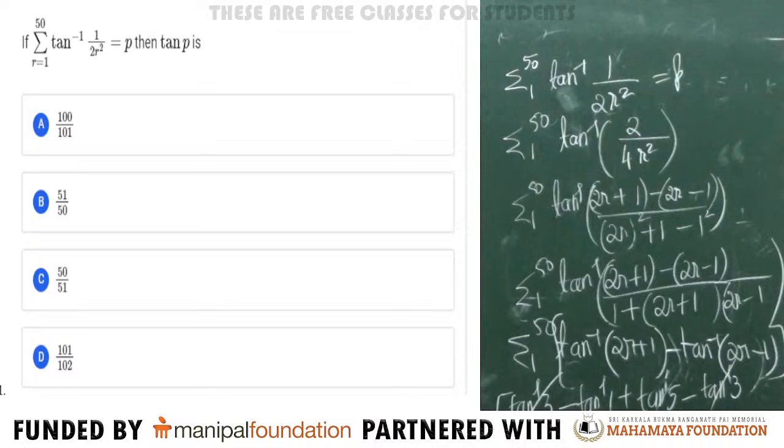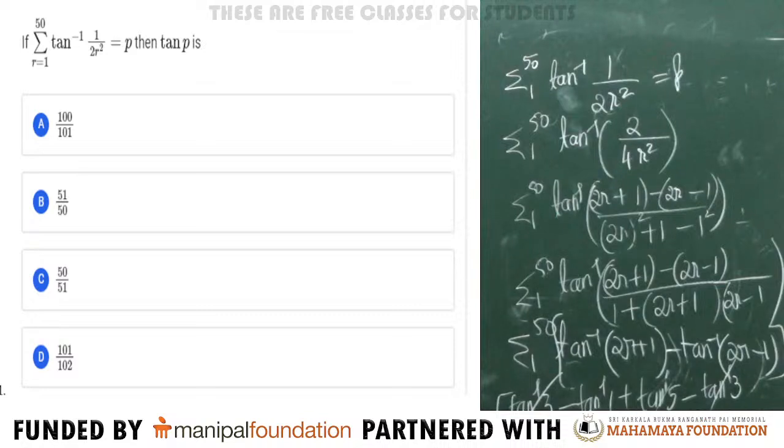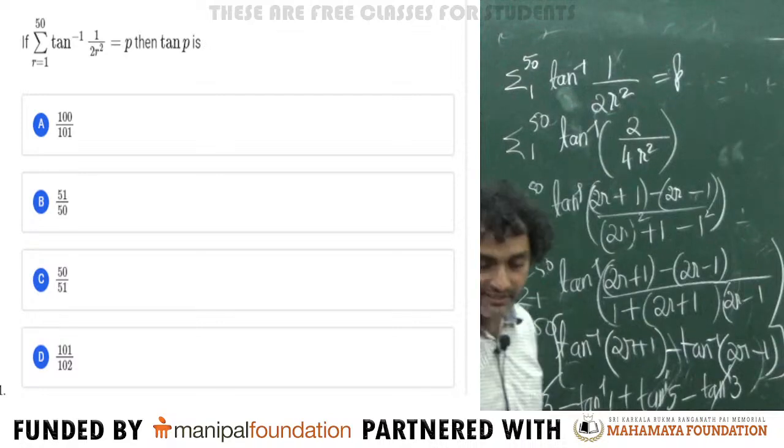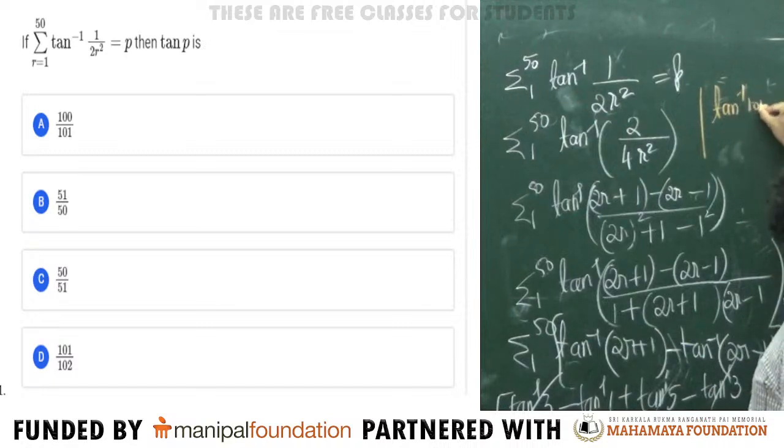Got it? Who is tan inverse x minus tan inverse y? Isn't it tan inverse of (x minus y) divided by (1 plus xy)? 101 minus 1, isn't it 100? Tan inverse 100 divided by 1 plus xy, 101 into 1, 101.